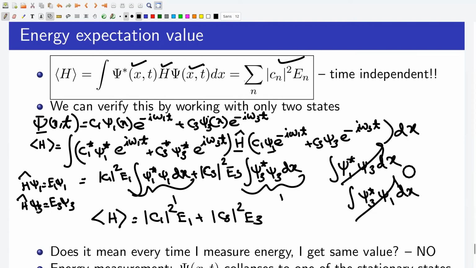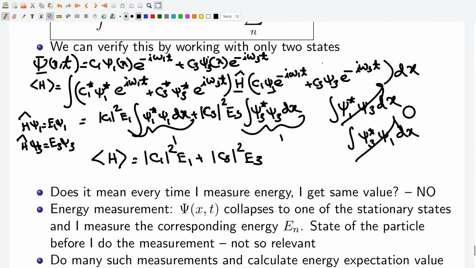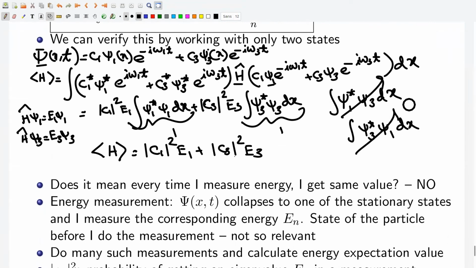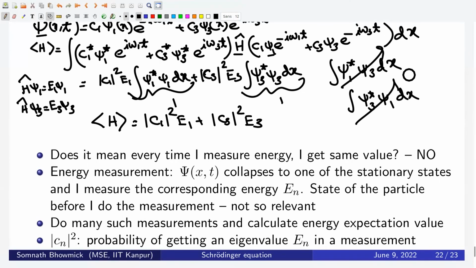Now, you can take any number of terms and derive this. You notice that this is time independent. So, does it mean that every time I measure the energy, I get the same value? The answer is no. If we do an energy measurement, then psi(x,t) will collapse to one of the stationary states.